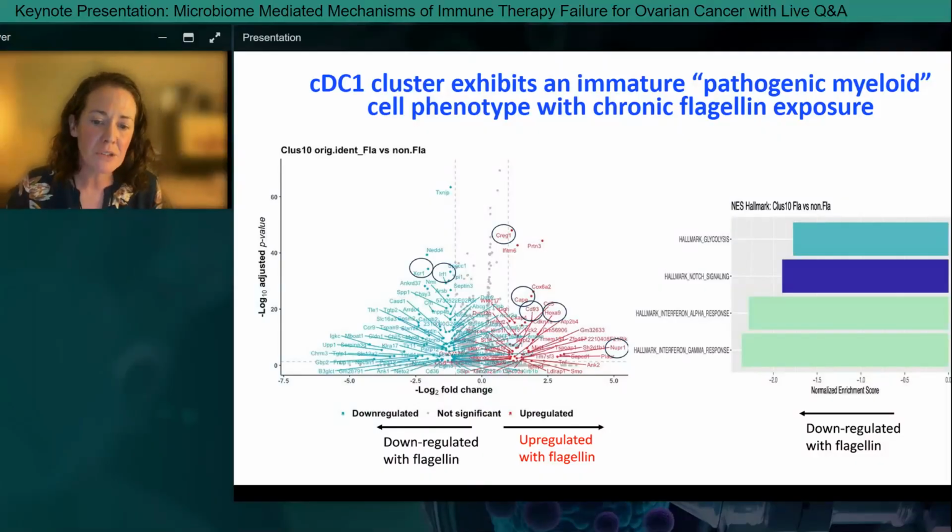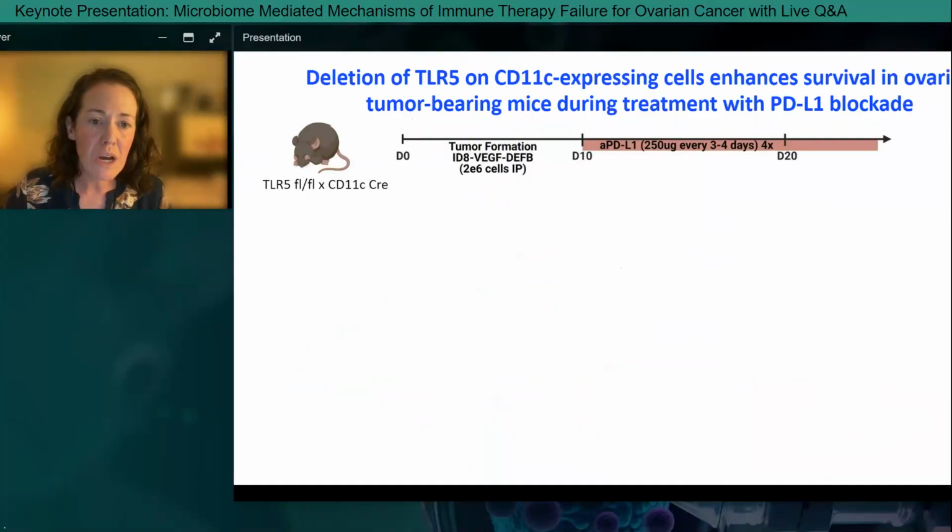And so we wanted to take this full circle. We wanted to ask whether, if we create mice that lack TLR5 specifically on dendritic cells, we will see an improvement in overall outcomes during immune checkpoint blockade.